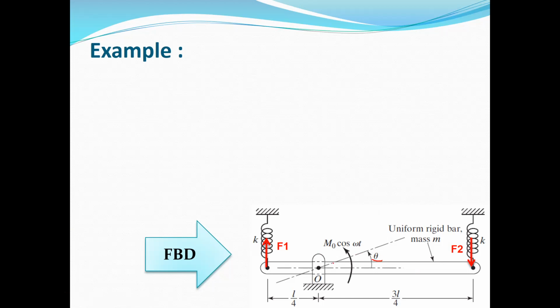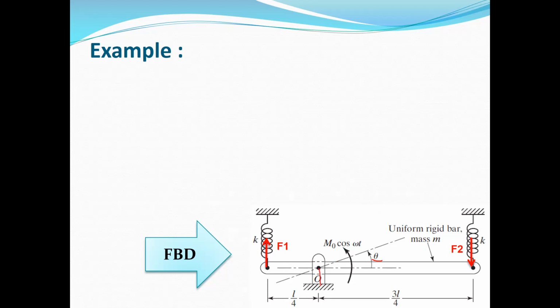So when this bar is rotating in counterclockwise direction, the spring F1 will be pulled. So F1 will be in upward direction and F2 will be pushed. So the force due to this spring is in downward direction. And finally, the moment due to these two forces are in clockwise direction. So this is the free body diagram.